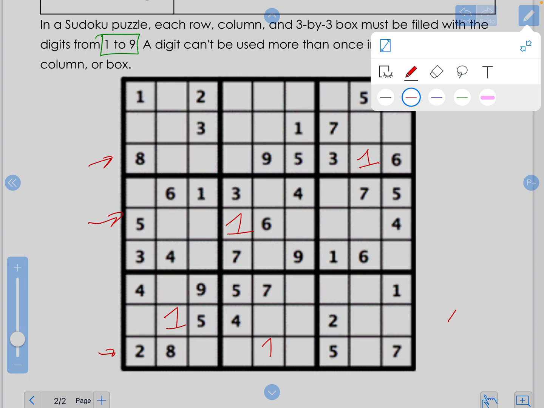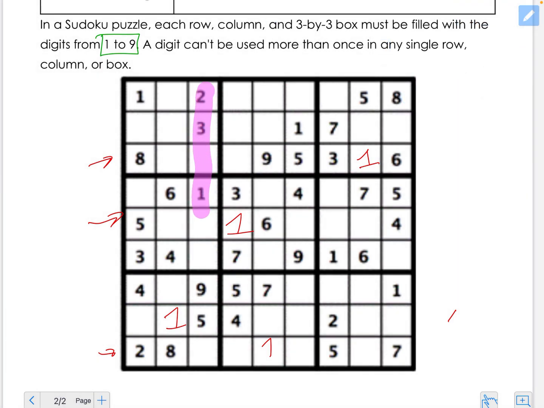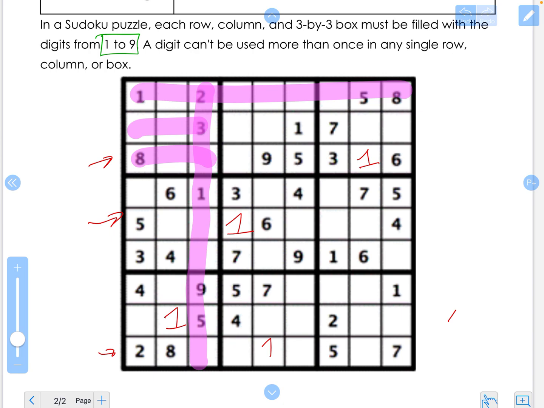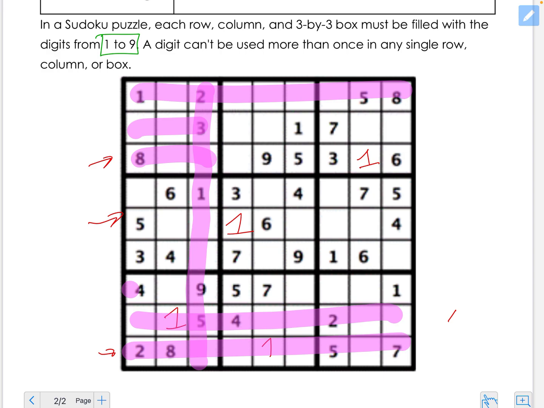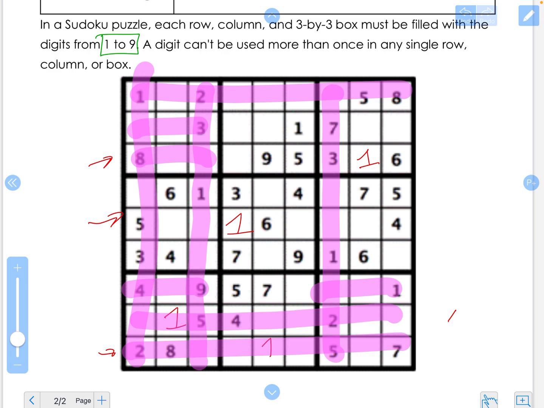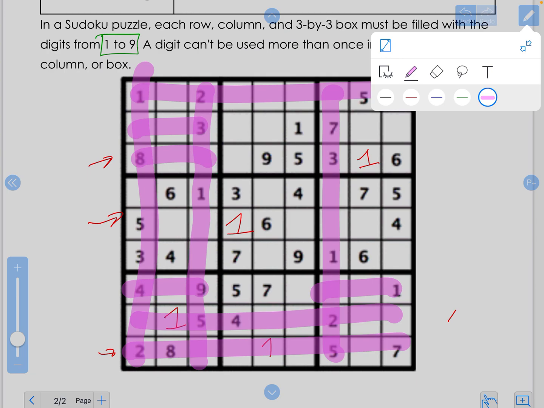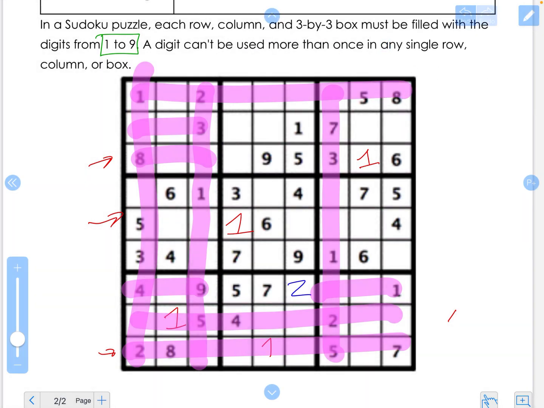All right, so let's look at 2s now. So I've got a 2 there, there, and there. I've got a 2 here, here, which eliminates there, it eliminates there, and it eliminates those spots there. So now I'm looking for rows that don't have 2s and looking for where I put them. So I've got an empty spot here, and once I put that 2 there, this goes away, and this goes away.